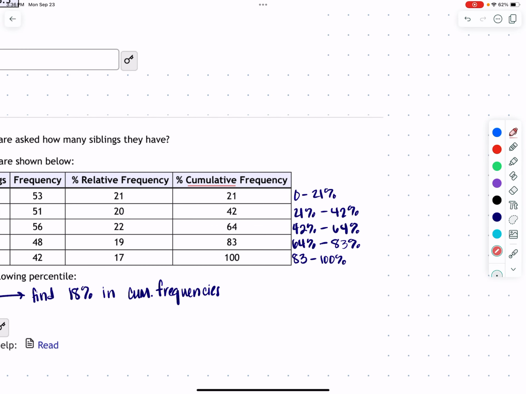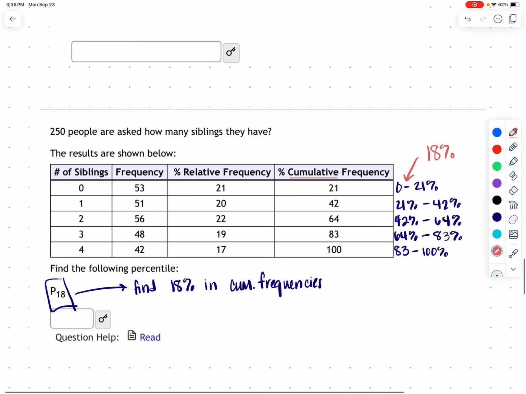Well, 18% falls in here. It is between 0 and 21%. So that means the 18th percentile for this frequency distribution of siblings is 0.